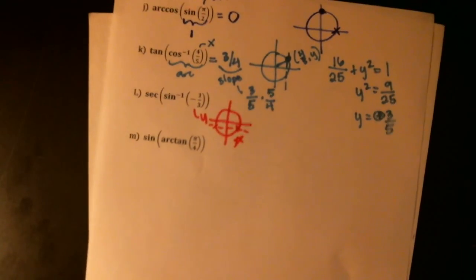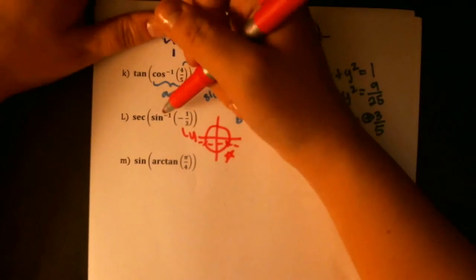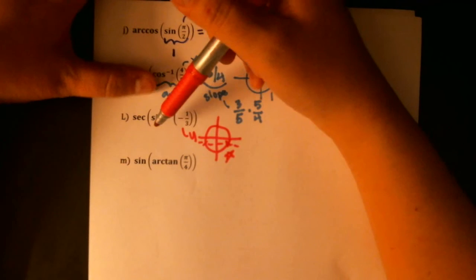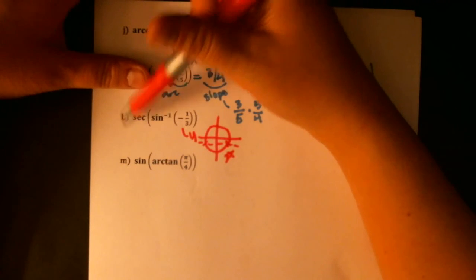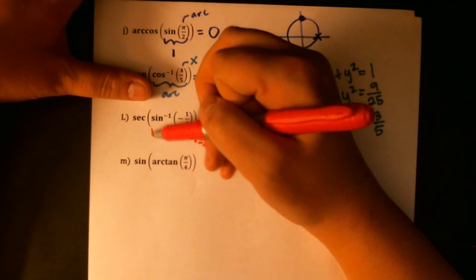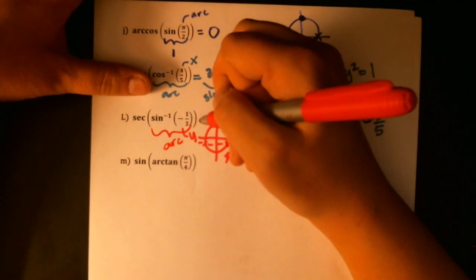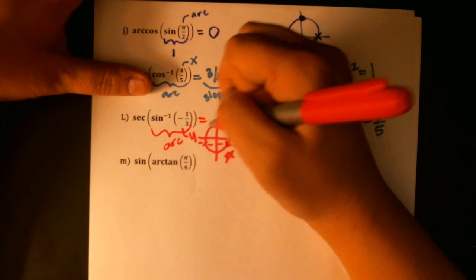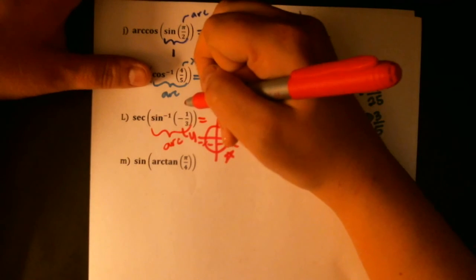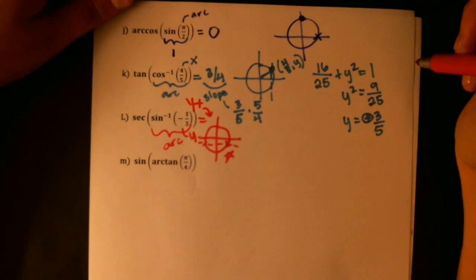So again, it's not a special value. I don't know the arc length, but without knowing the arc length, I can figure out my x coordinate. And if I know my x coordinate, I can certainly find 1 over my x coordinate. So this would output an arc. I would then input the arc length into secant, and it would output a 1 over x. That's what I'm expecting to get.